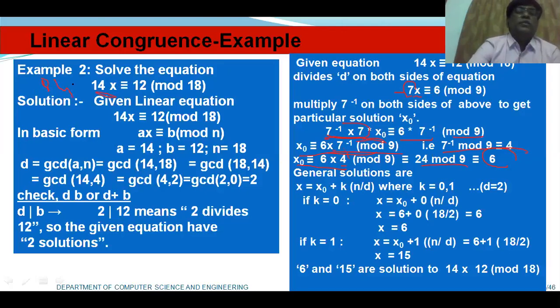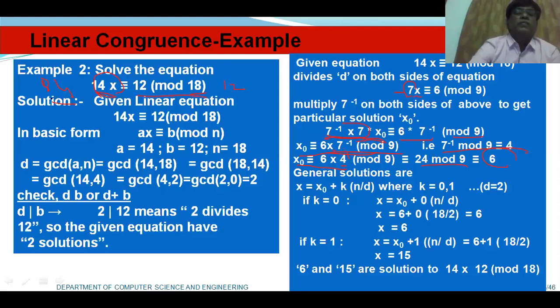It is 84. So 84 modulo 18: then you will get 12. Then 12 modulo 18 is 12.